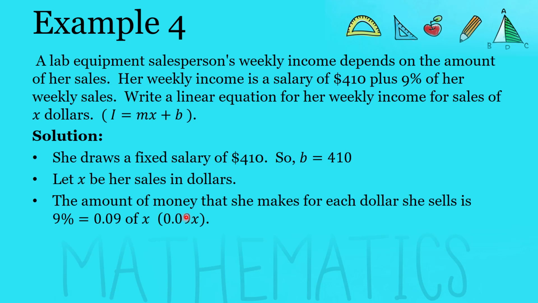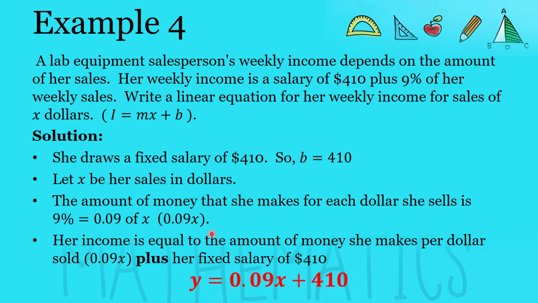Then the amount of money that she makes after X dollars of sales is going to be 0.09 times X dollars. So this is the function of X, and this is a constant. So her income is going to be equal to the amount of money she makes per dollar, which of course is 0.09x, plus her fixed salary 410. And here it is. So that is the answer for this particular example.